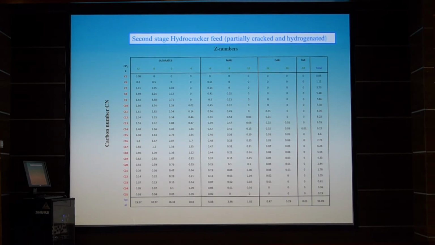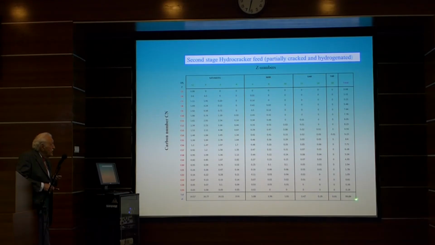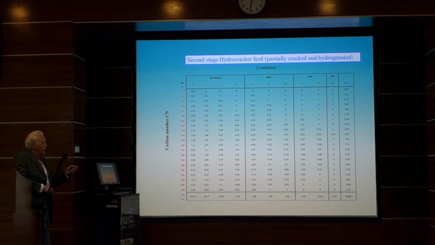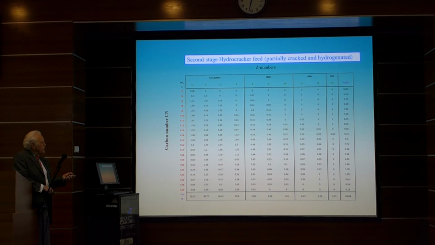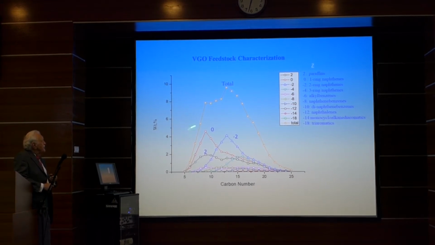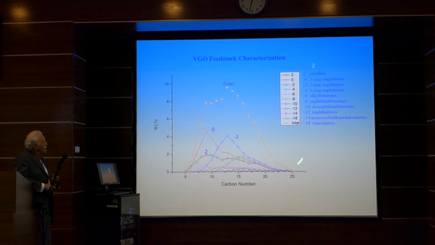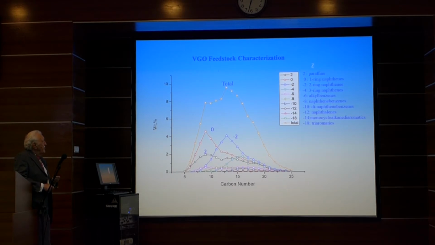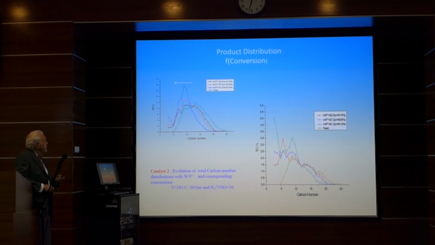That is a typical feed that you have, and it shows you the total number of components that are required for a decent description of the VGO. And here you have the composition of such a VGO feedstock with the various types of components that you have in there, and that is determined the way that I just outlined.